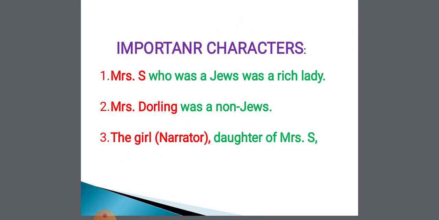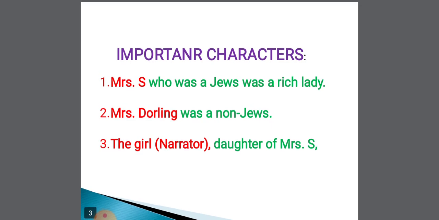Now, when the narrator grew up, she wanted to have their possessions, and that's why she came. But how she was treated by Mrs. Darling at that time, and what the consequences were, is the subject matter of the whole story.